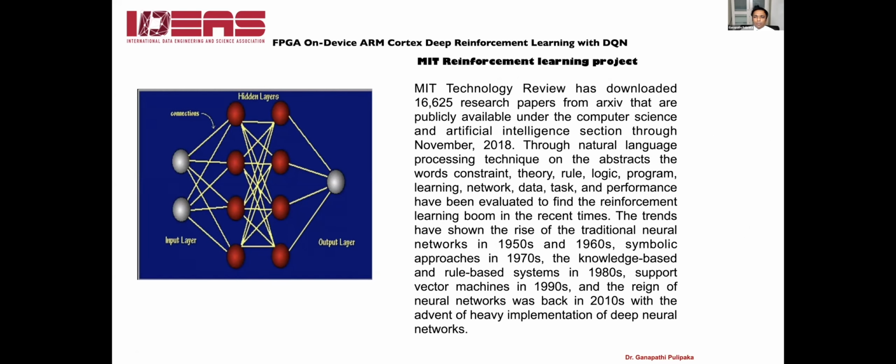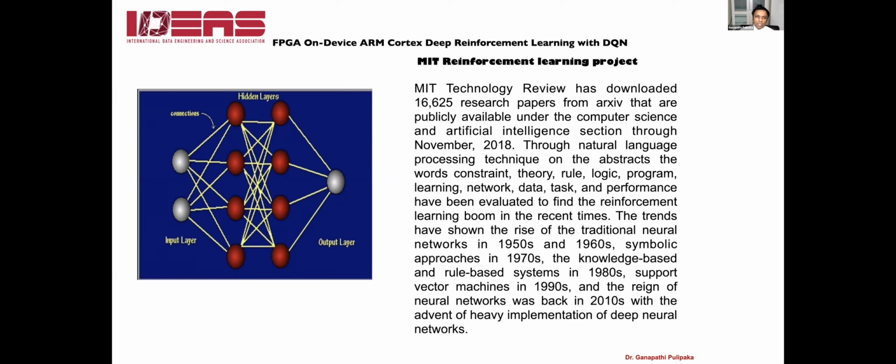So now, how do we know that reinforcement learning is on the rise? The reason why we know is because MIT Technology Review performed recent research, and they downloaded 16,625 research papers.